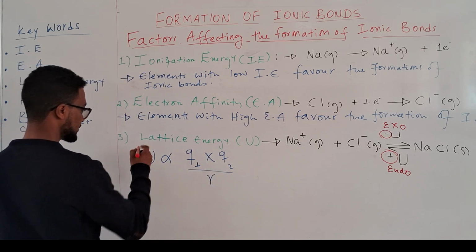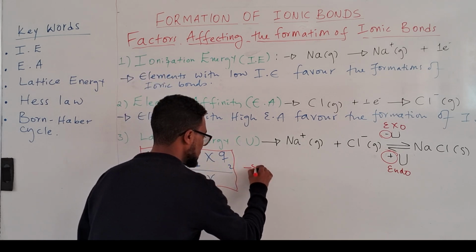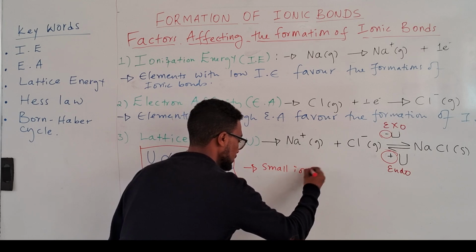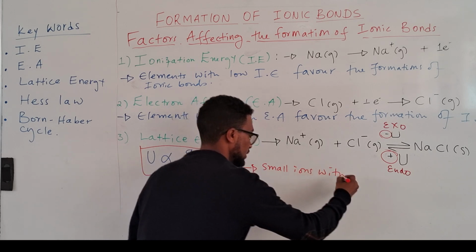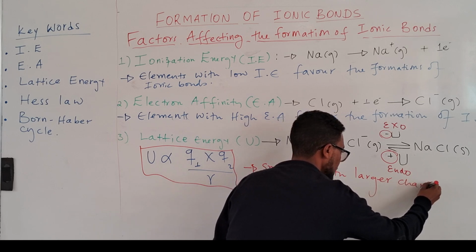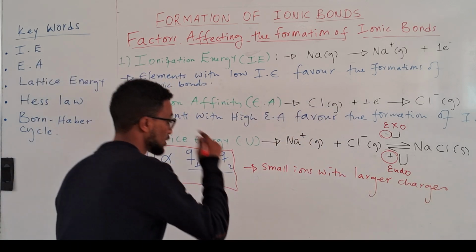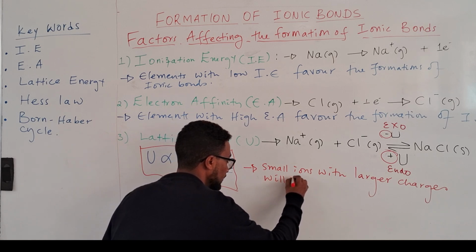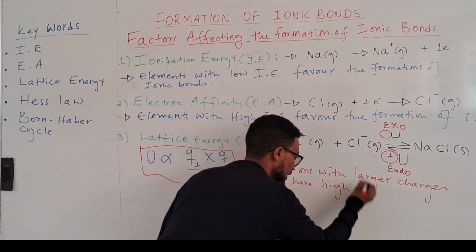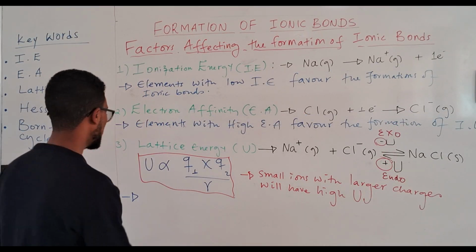From this, we can conclude that small ions with larger charge will have high lattice energy. So how does lattice energy affect the formation of ionic bonds?